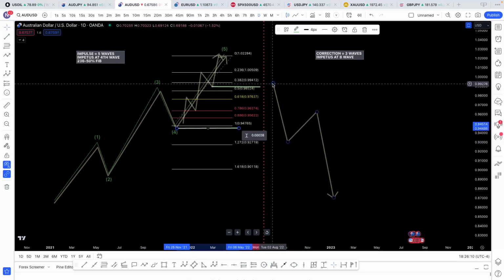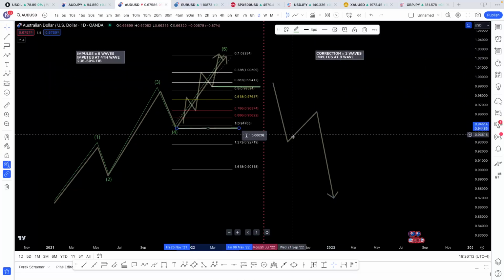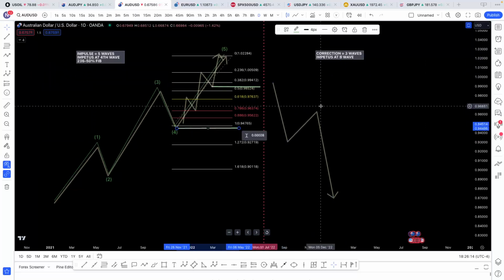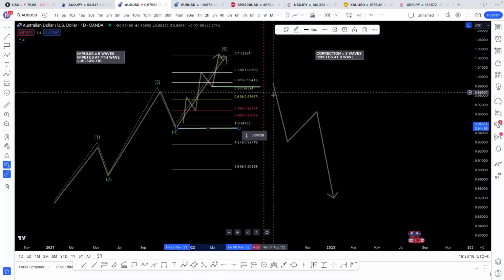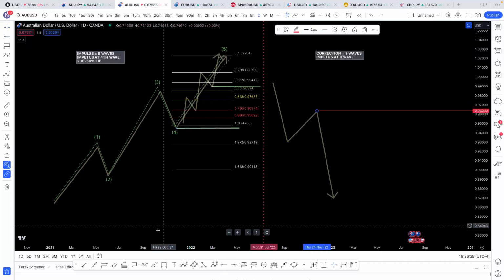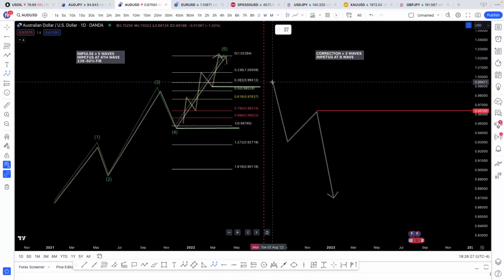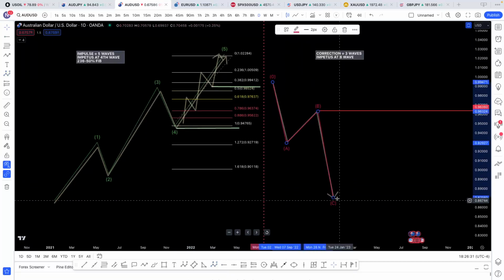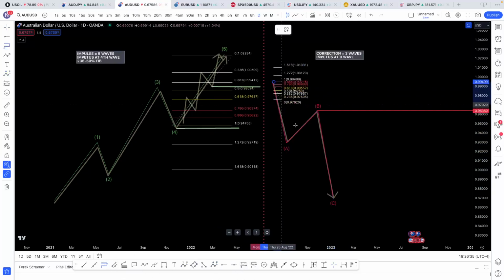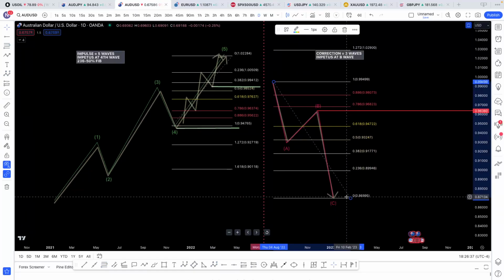And then I have a correction, and it's 3 waves. So impulse, correction, impulse. A correction has 3 waves, and the impetus can be found at the B level. So right here is my B, and I'm going to use the Elliott wave tool to identify it. So here is my B, and then I'm going to fib it from top to bottom here.